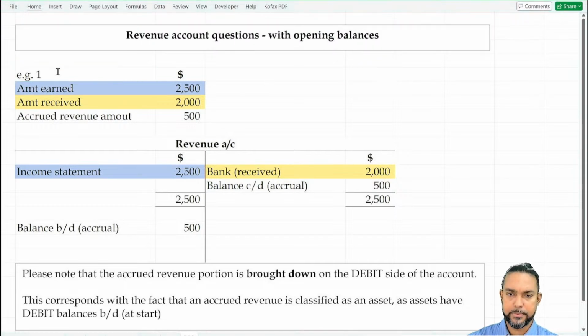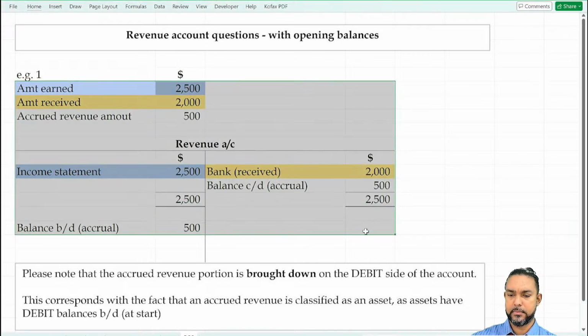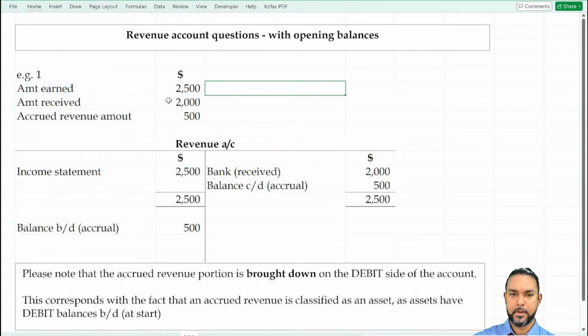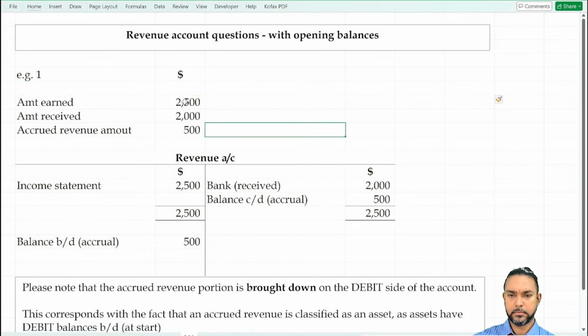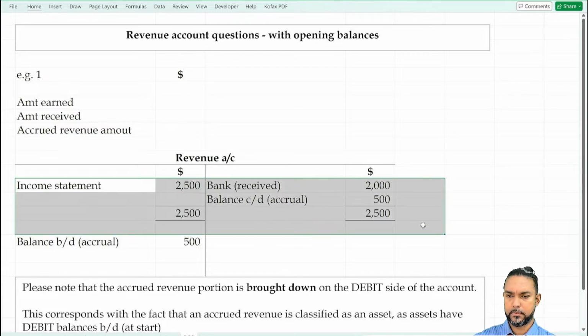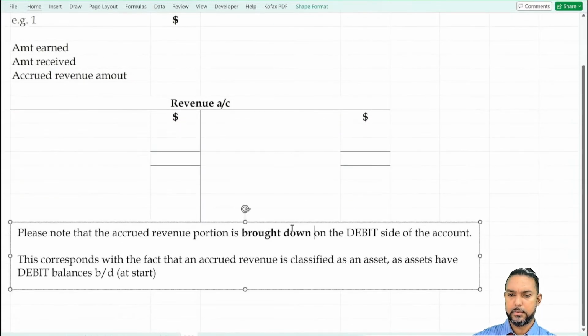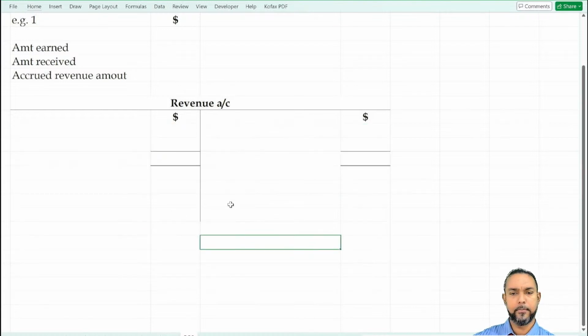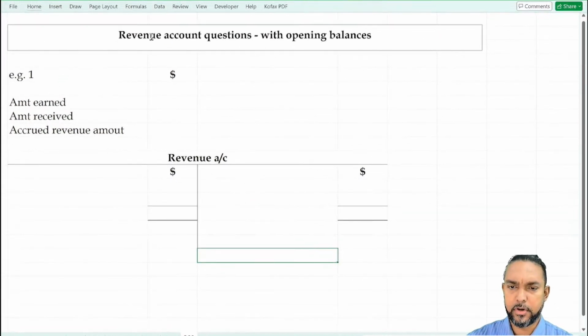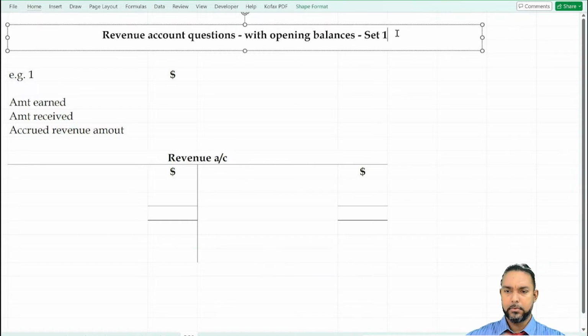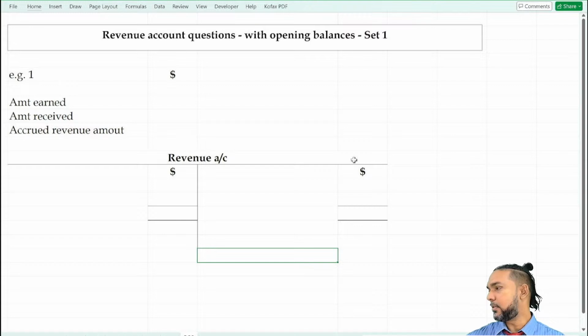Right, so we'll call this one example one. Let me just take out some stuff here. Right. Okay, cool. So revenue account questions, open balance is set 1. Oh, let's just set 2 down here.